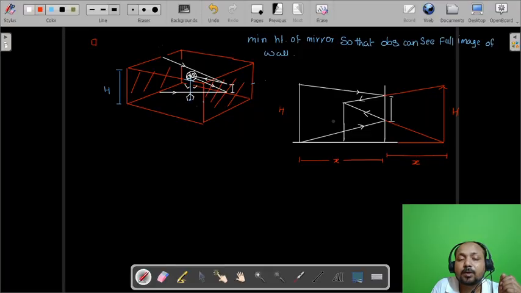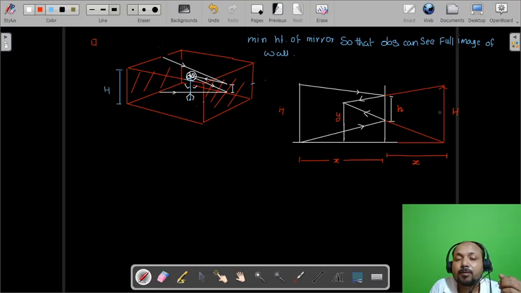Height of observer and height of wall. Height of observer, let's say, if you want to assume, let's say small h. Okay, or let's say some other assumption here. Let us write it is y, and this is small h, the minimum height of the mirror that we are required to find out. So here, what will be the minimum height?